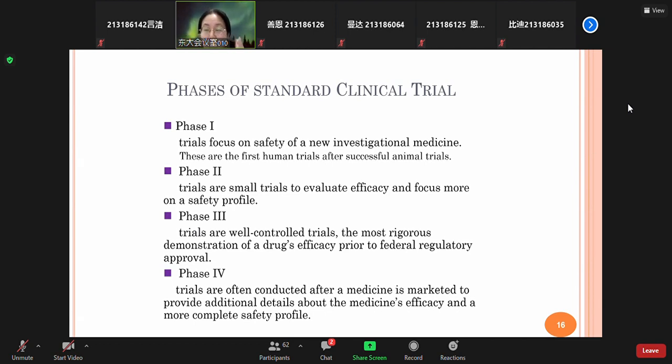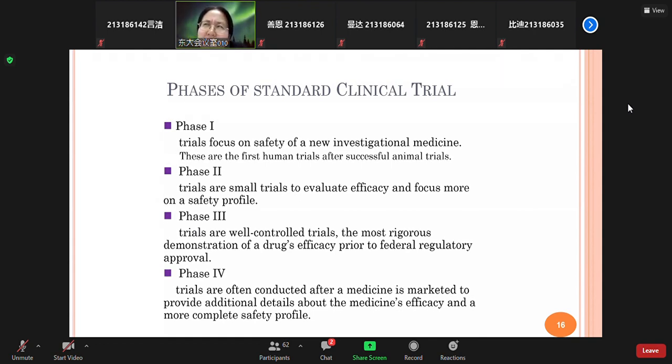So we try to find the maximum dosage a human being can take. And generally speaking, phase 1 may use patients or healthy volunteers.